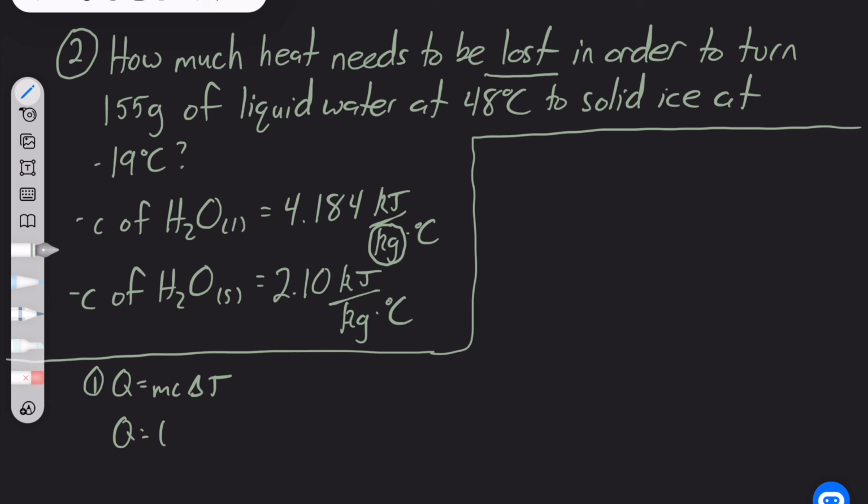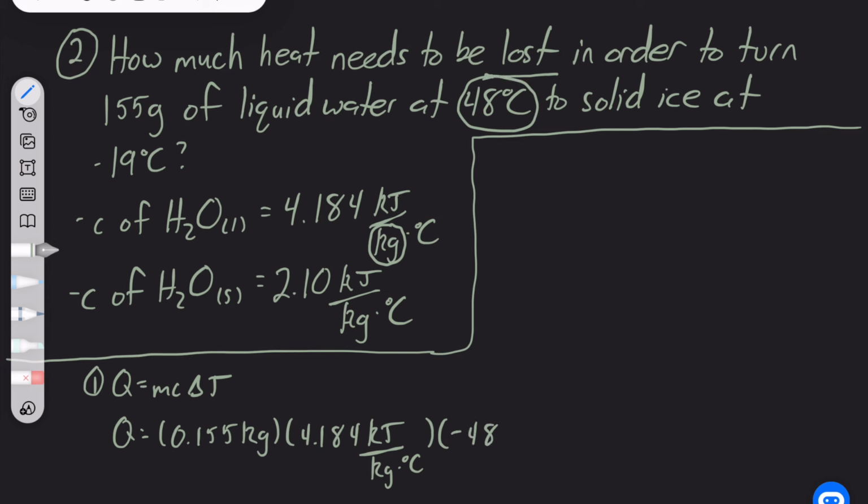So 155 grams is equal to 0.155 kilograms multiplied by our C, which is 4.184 kilojoules per kilogram degrees Celsius. And that's multiplied by the temperature change, which is going to be from 48 degrees Celsius down to 0 degrees Celsius. So it's going to be negative 48 degrees Celsius.